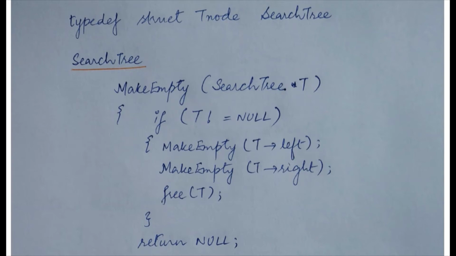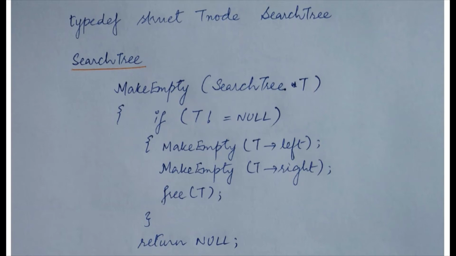But for that, t has to be a non-null value. So if t is not equal to null, I call make empty recursively on the left, because there are many nodes under a particular node on the left side. It's not just that you free t.